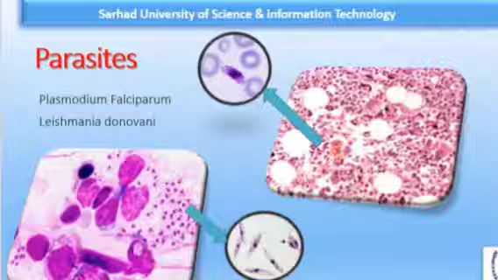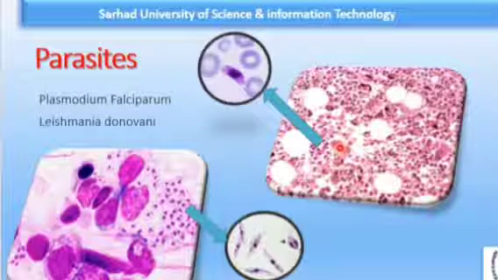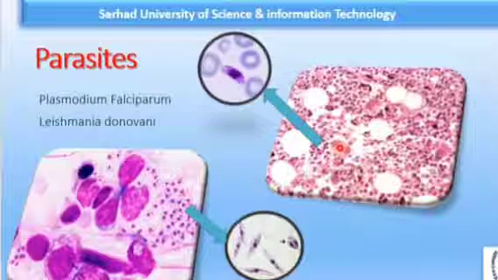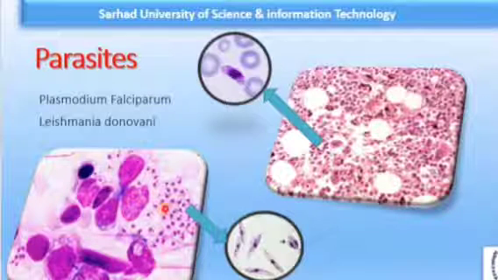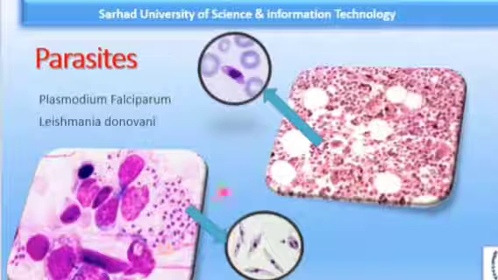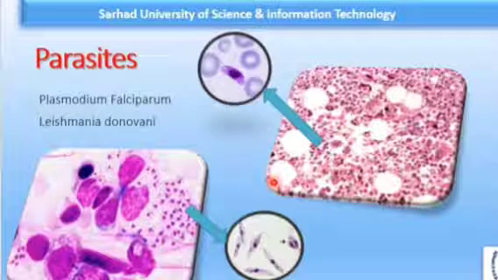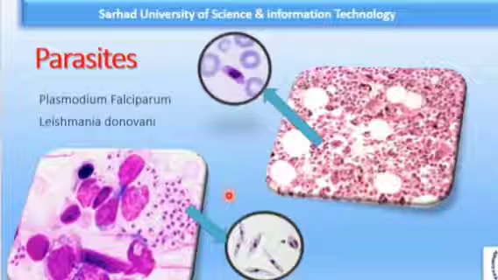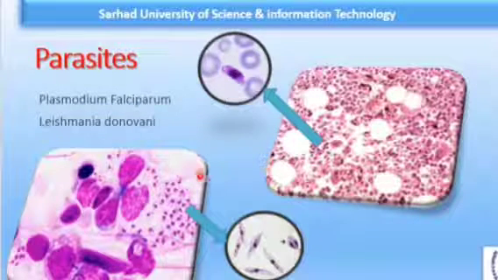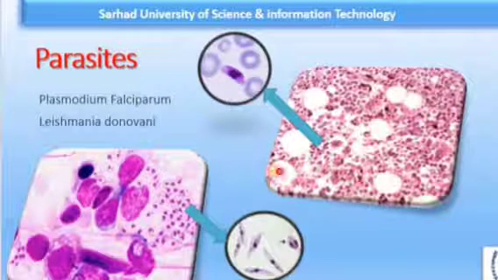So this is Plasmodium falciparum, which tends to sequestrate in the bone marrow, and similarly you are looking for Leishmania donovani. So these are the parasites which may be present in the bone marrow, and sometimes we are dealing with other diseases and we miss some such type of parasite. This also has some importance in the bone marrow examination.